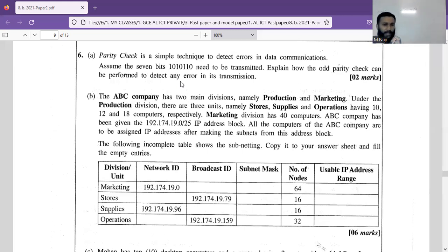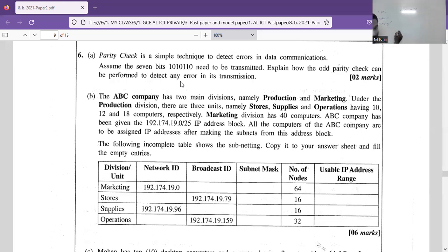The ABC company has two main divisions. Number one, production. Number two, marketing. Under the production division, there are three units, namely store, supply, and operation.